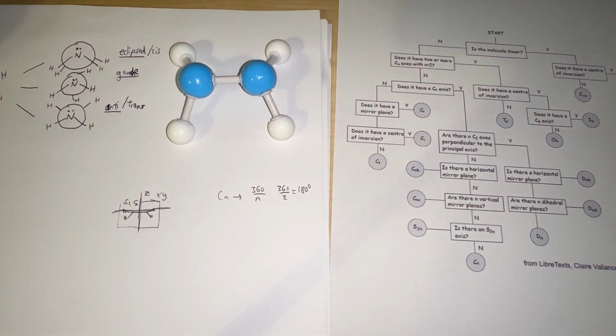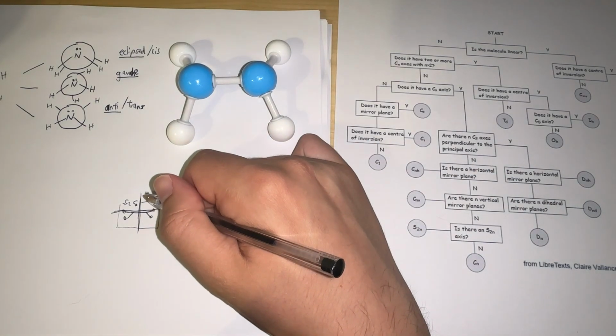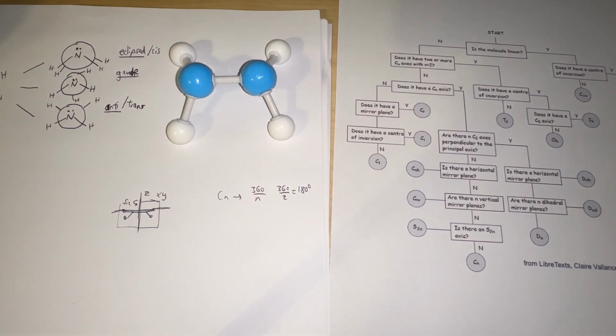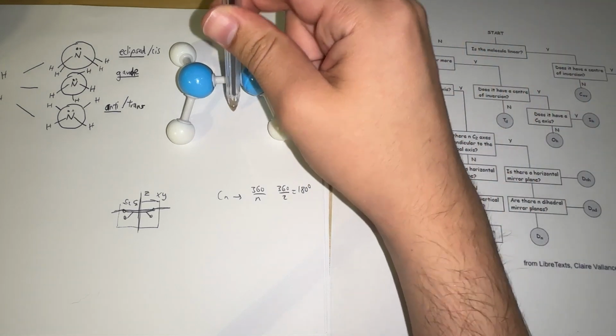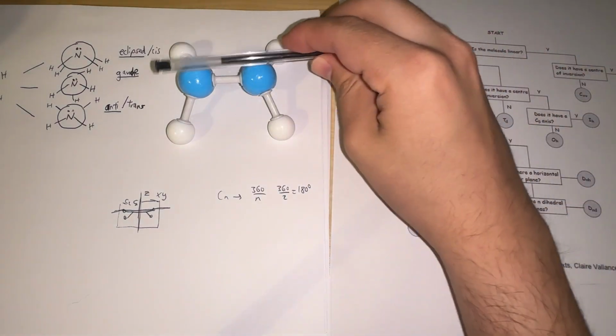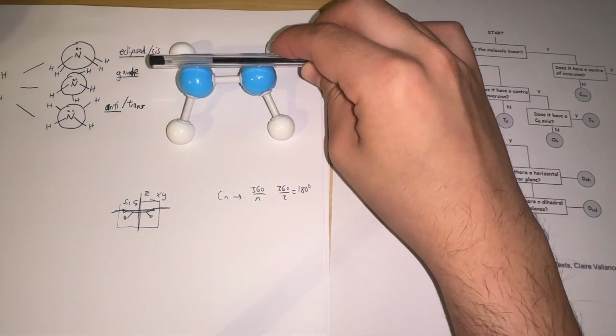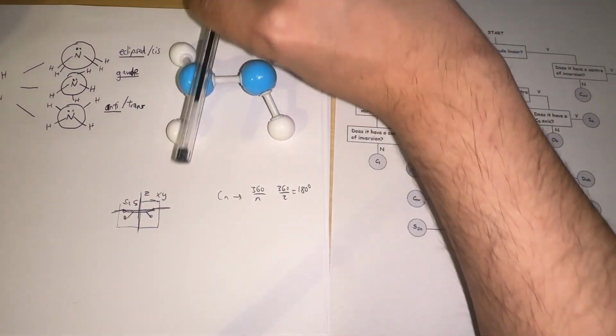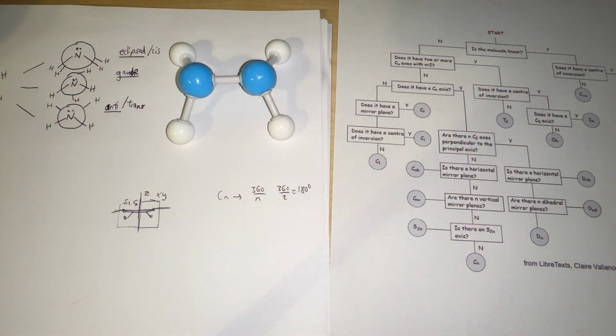You could assign x and y to whatever orientation you want in this case, but these are coming up through the z-axis and through x and y. So do we have those? Well, if this is our z-axis right here, then we can draw a plane through here and reflect across, and it will look the same, and the same through here. So we do have two vertical mirror planes.